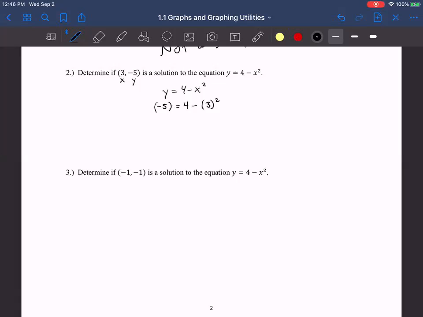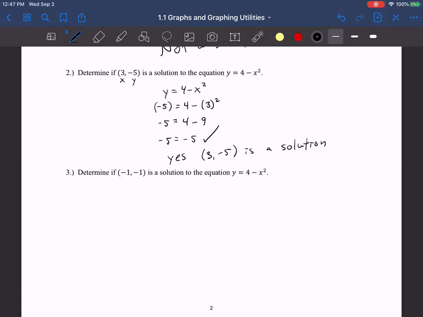And so I end up with -5 equals 4 minus 3 squared. 3 squared is 9, and so I have 4 minus 9, which is -5. And so I have -5 on both sides. Those two sides do equal each other, and therefore, yes, (3, -5) is a solution to that particular equation. It may not be a solution to another one, but it is a solution to that one.